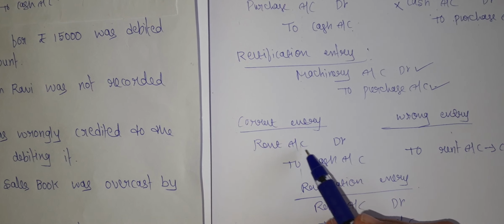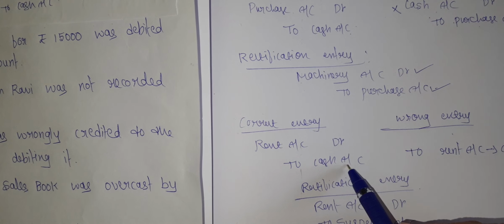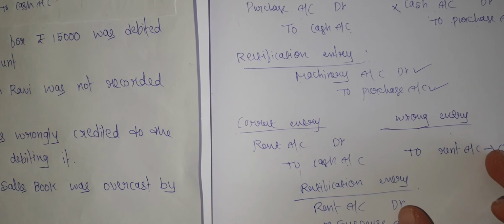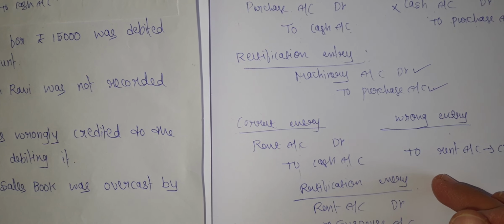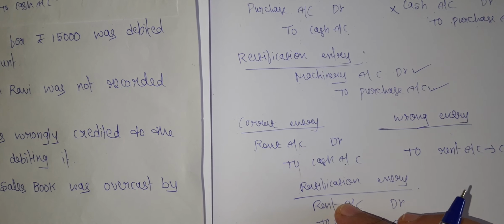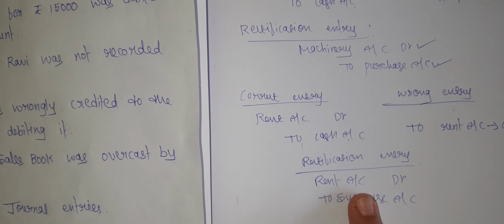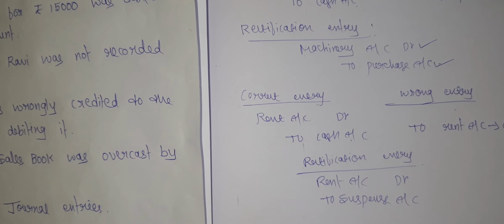Our correct entry is rent account debit to cash account. Here only they made the mistake, that is they credited the rent account. So in our rectification entry, we need to debit the rent account and credit the suspense account. Rent account debit to suspense account. This is the rectification entry.